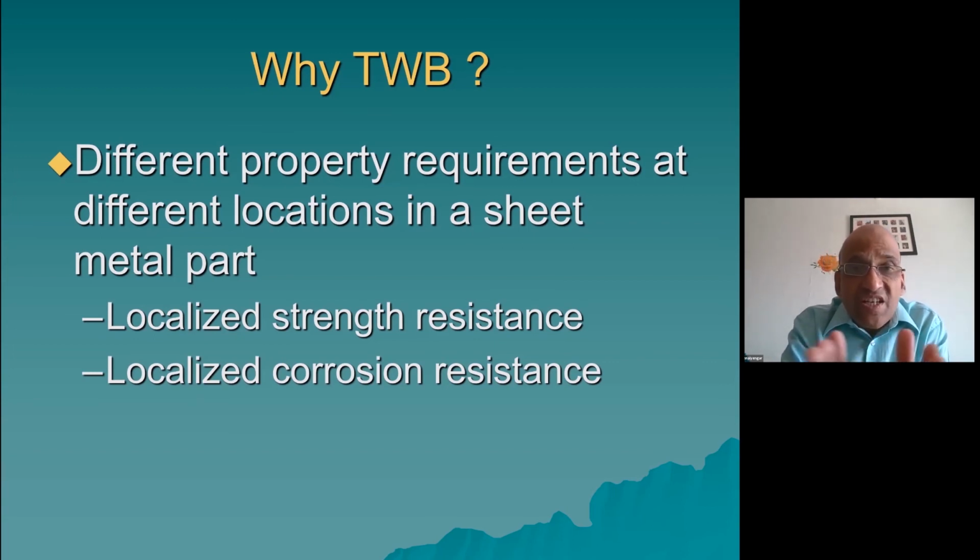So you have a differential property requirement. This is from, say, a strength perspective. And of course you can also think in terms of maybe corrosion. You may have different corrosion requirements on one side of the component and on the other side of the component. So essentially one can think of TWB when you have differential property requirements. That is where our requirement for TWB comes, right?